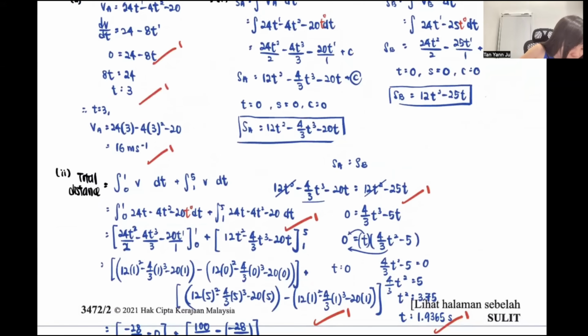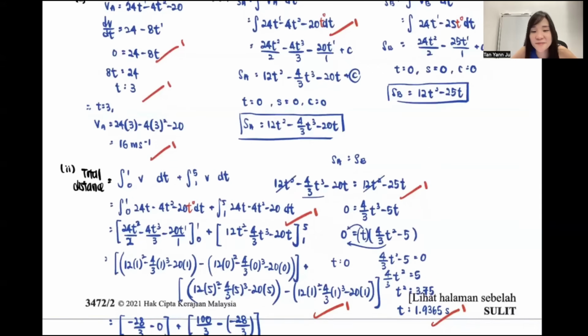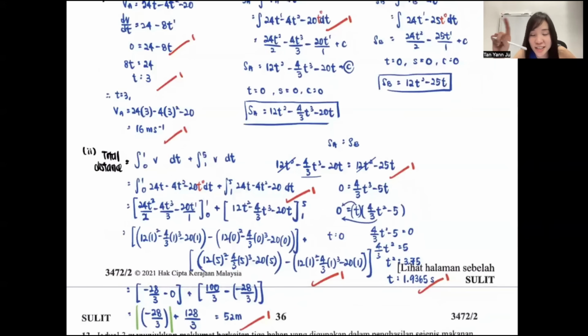Why is the first mark so funny? So my dear, the moment you start integrating just now, they give you 1 mark. For the rest of the process, maybe they award you thinking, wow, you can remember to integrate, okay, I award you 1 mark. Even if you couldn't integrate correctly, never mind, at least you already secure 1 mark.